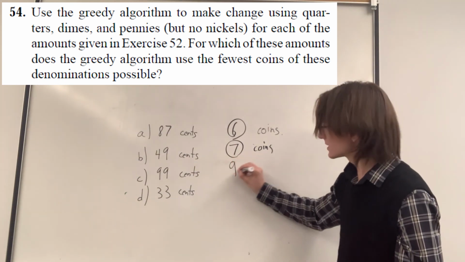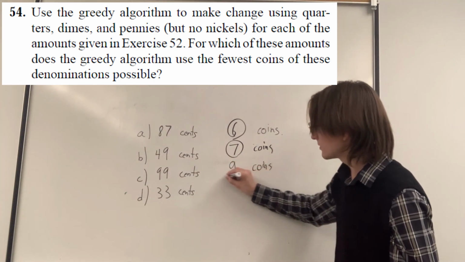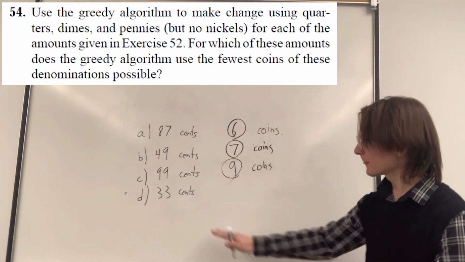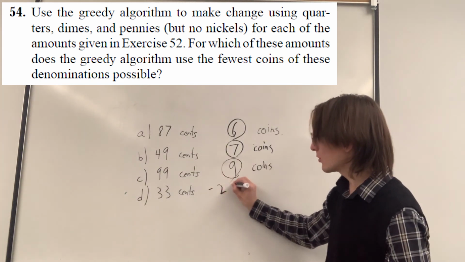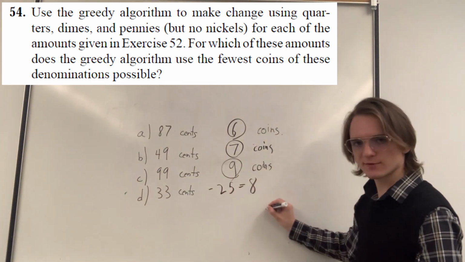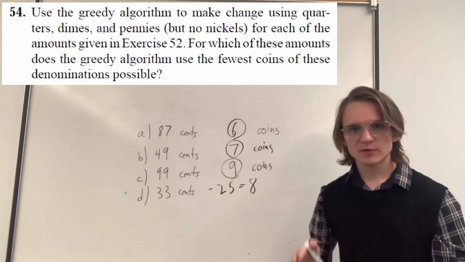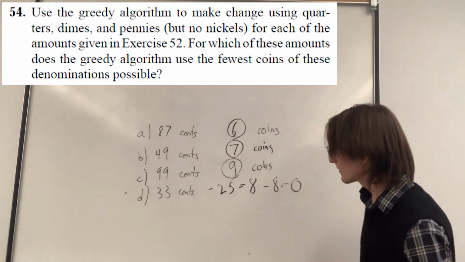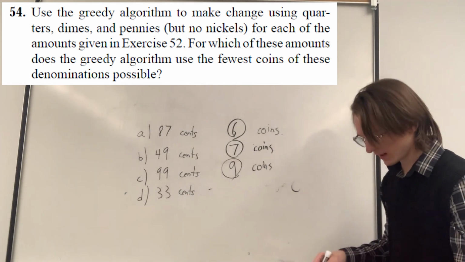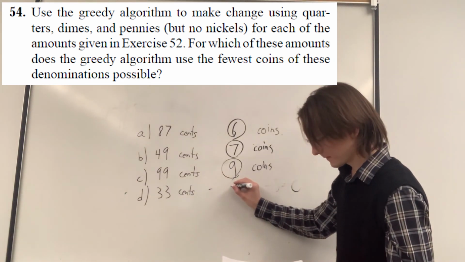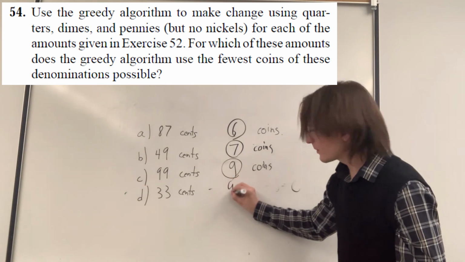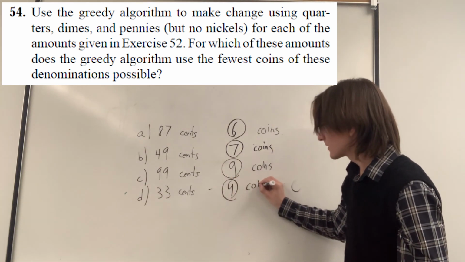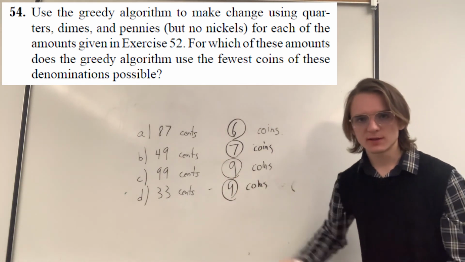In total, that uses 9 coins to make change for part C. Now for part D, we plug in 1 quarter, we get 8 cents left. We can't plug in nickels, so we have to plug in 8 pennies. Minus 8 gives us direct change. That also used a whopping 9 coins to make change for part D.